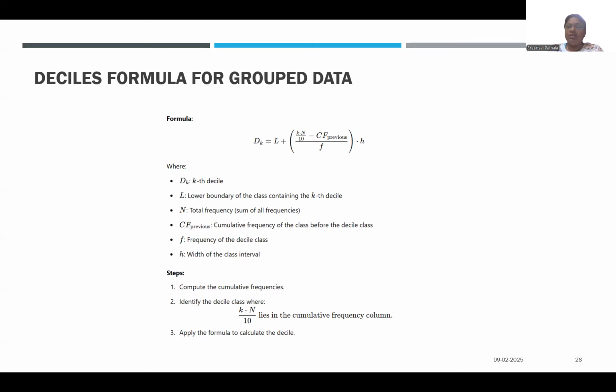The formula is: L is your lower bound, k is your kth decile, from 1 to 9, so kn by 10 minus CF, the cumulative frequency, divided by the frequency of the decile class, into h, the class width. So this is the decile formula for grouped data.